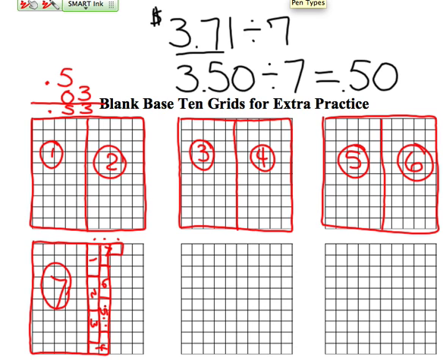Just to make sure each group is the same, let's check over and make sure each apple has the same amount. Apple 2, again, has 50/100 or 5/10. And then if you come below, it also has 3/100. So our total cost for each apple is 53 cents.